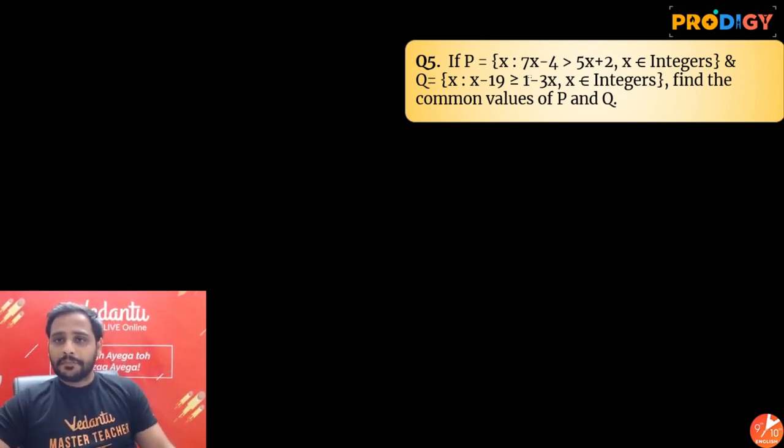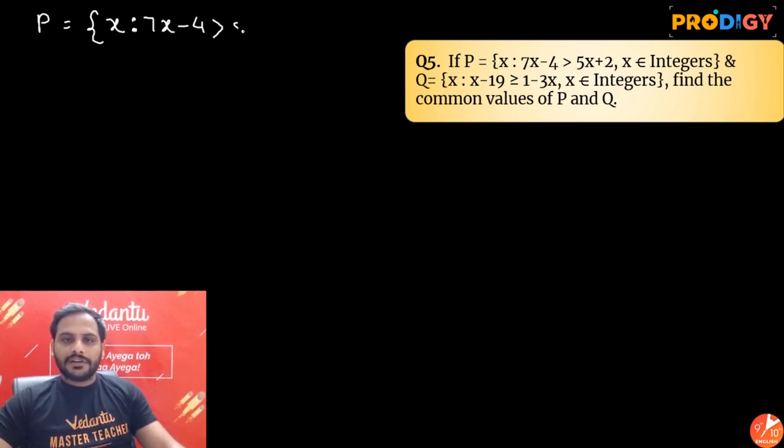What is P? P is, in this inequality, if x belongs to integers, whatever is your solution, that is P. So P is equal to x, where 7x minus 4 is greater than 5x plus 2, where x belongs to integers.